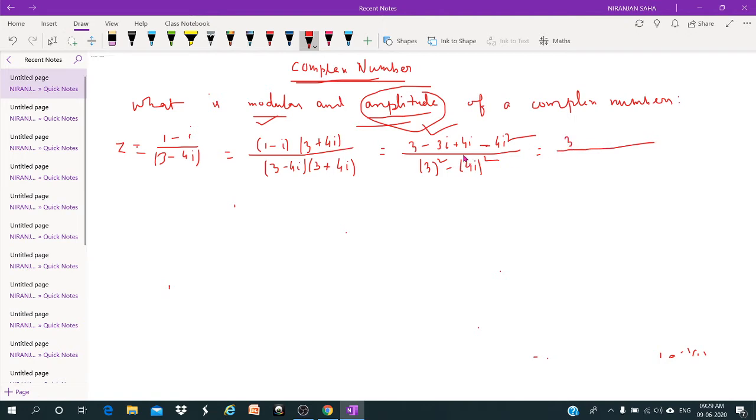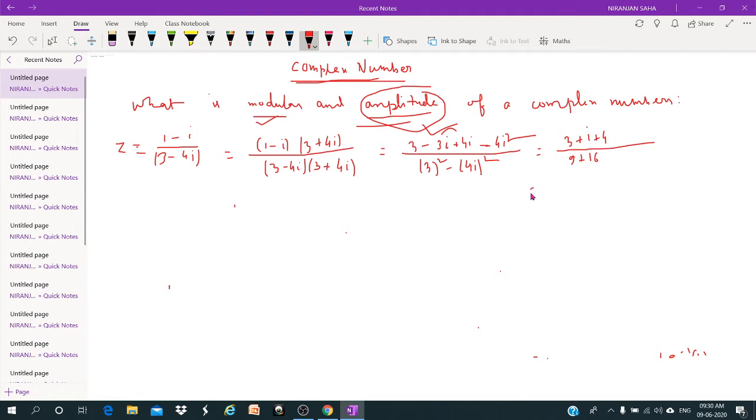Here iota square is equal to minus 1, so this will be plus 4, and the denominator is 9, and iota square gives minus 1, so plus 16, which is 25.